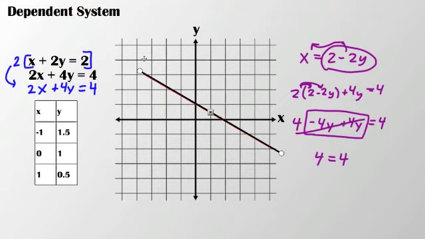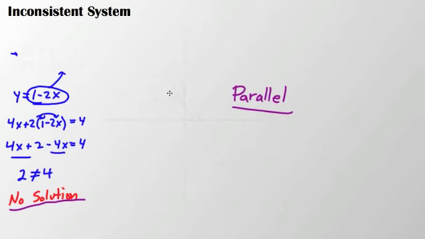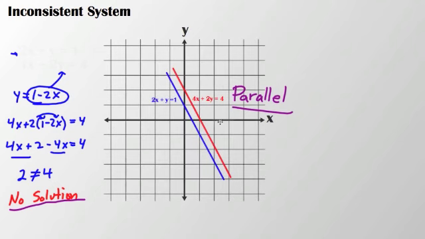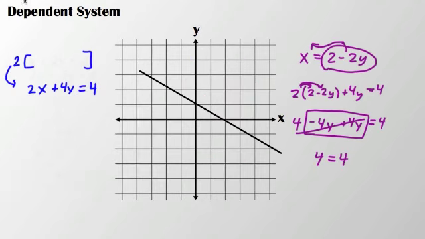There we go, and that's what a dependent system looks like. Just to recap, in an inconsistent system, your lines are parallel. They will never meet. In a dependent system, your lines are right on top of each other. They're the exact same line.